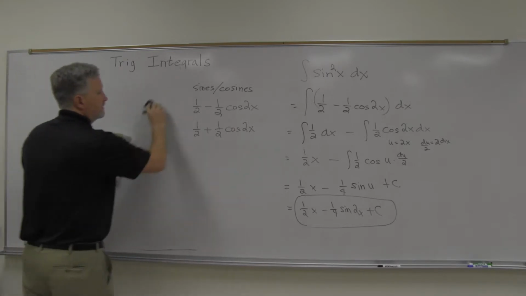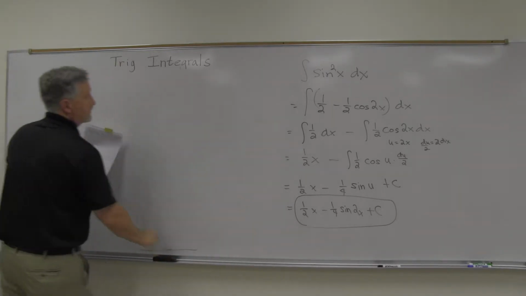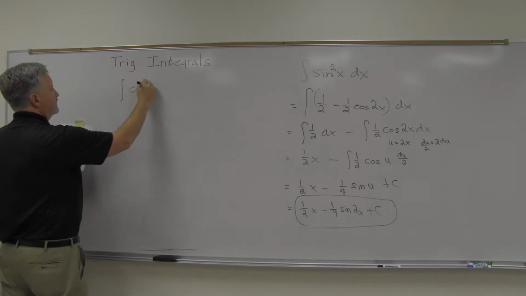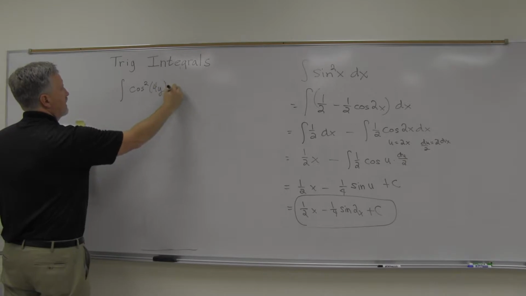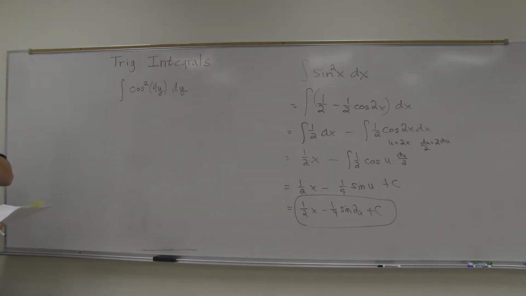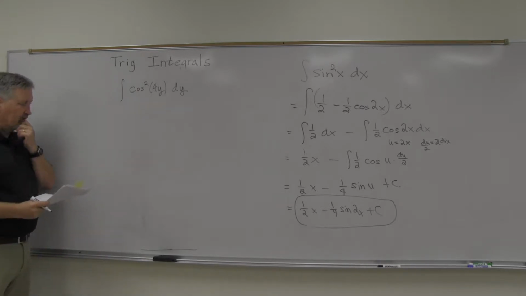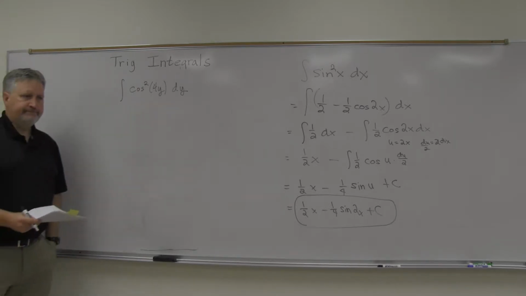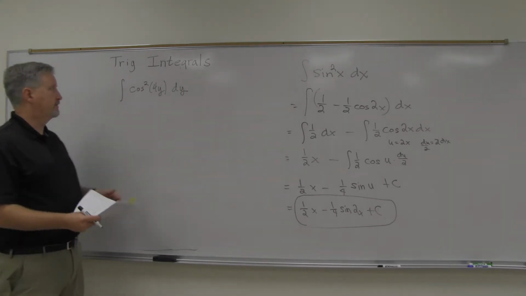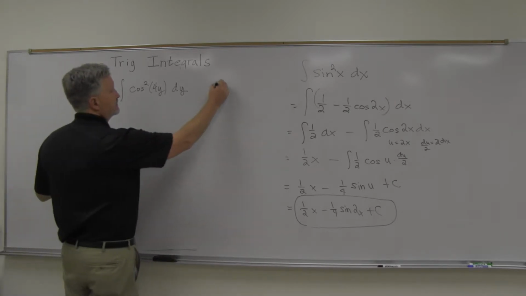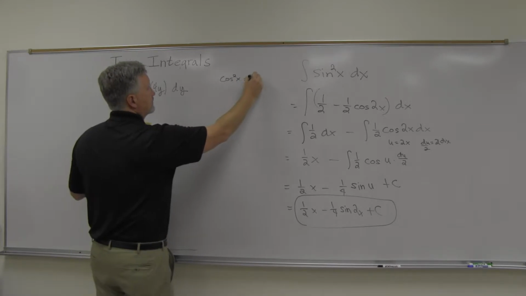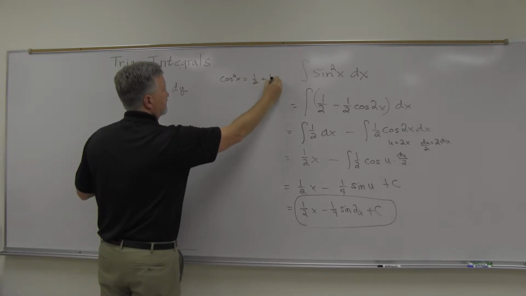Now let's do a cosine squared: the integral of cosine squared 4y dy. We've got the cosine squared, so we only have an even power, so we have to use that double angle. We're going to use cosine squared x equals 1/2 plus 1/2 cosine 2x.